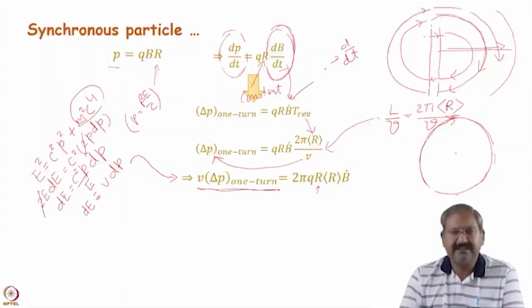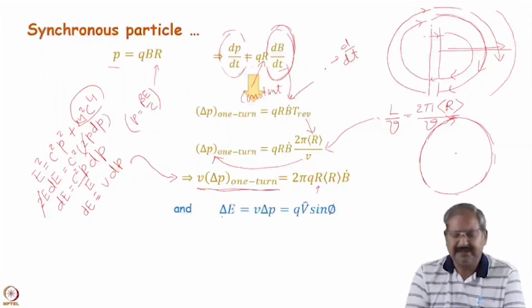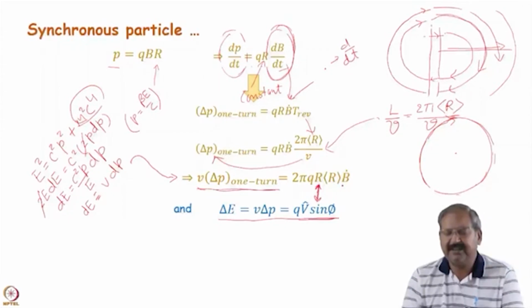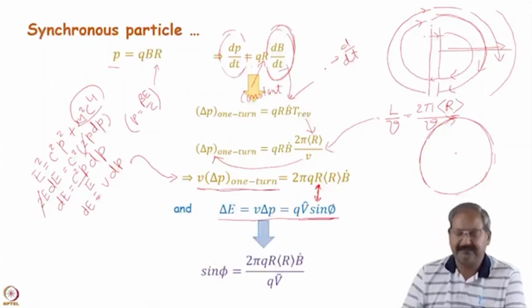Now this energy gain is due to the RF cavity, which means the energy gain V dP is QV sin phi. These two values must be equal so that we get the correct value of dB by dt for keeping R constant.